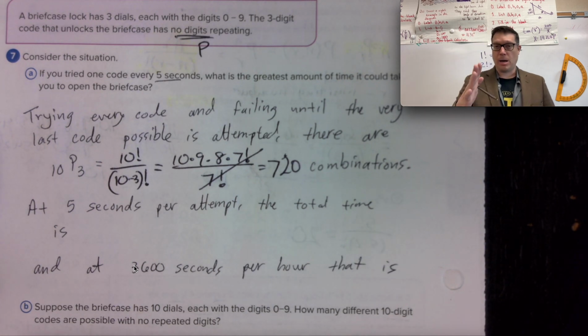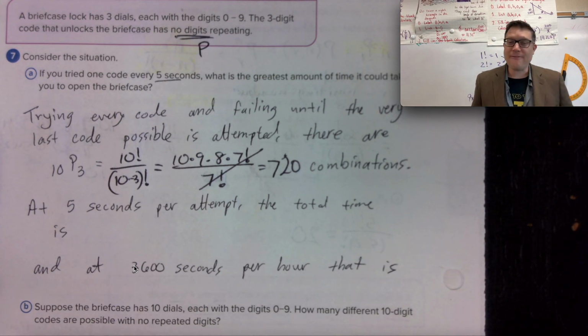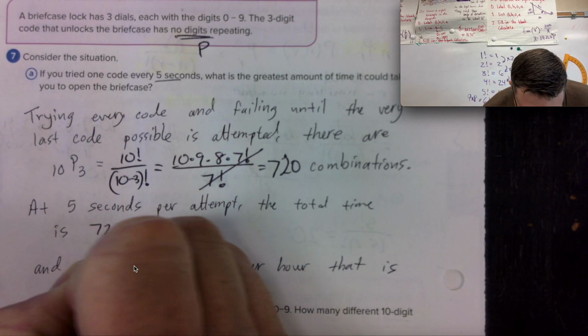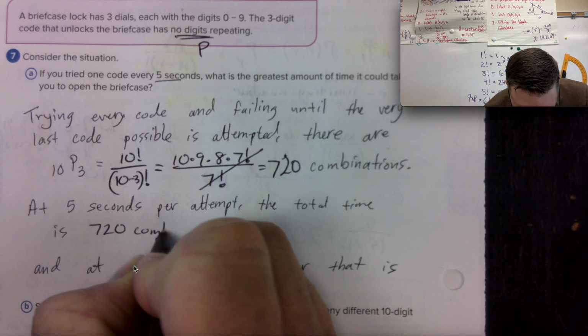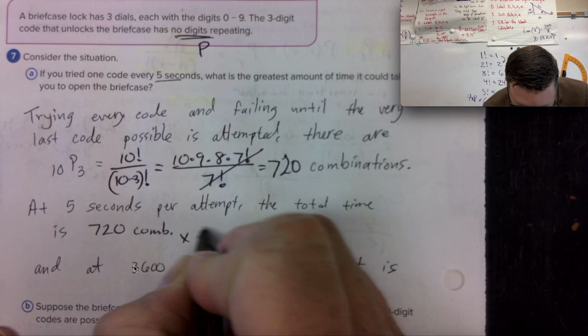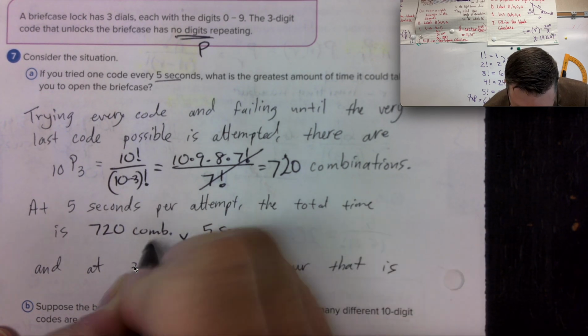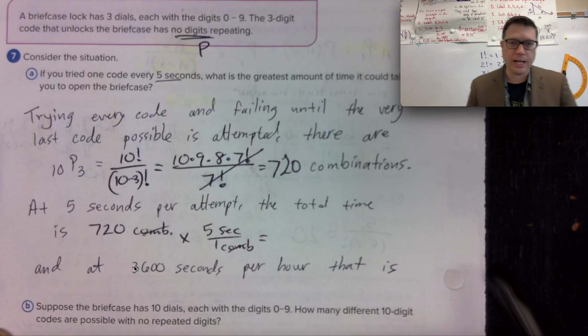But the maximum amount of time at 5 seconds per attempt is 720 combinations times 5 seconds per one combination. So the combinations multiply or divide out.